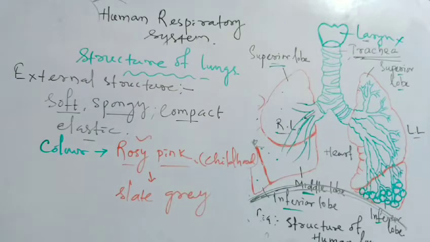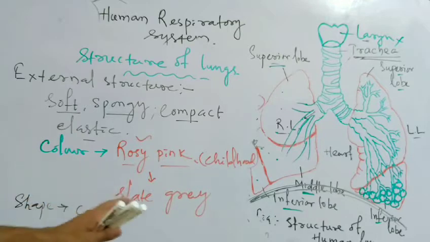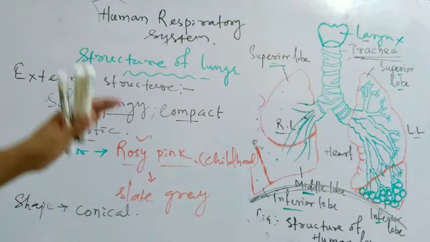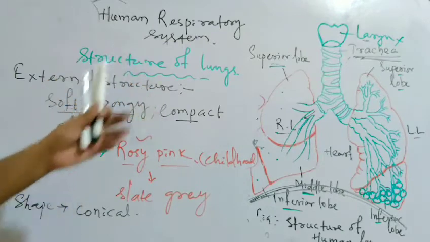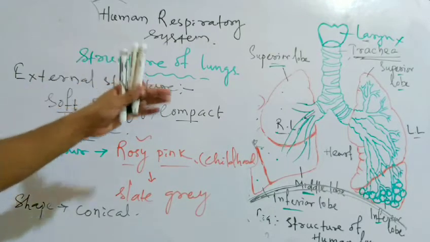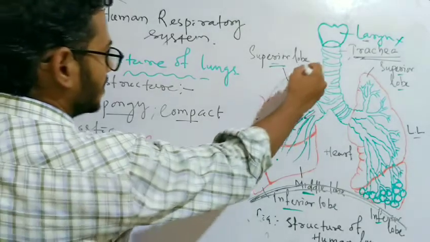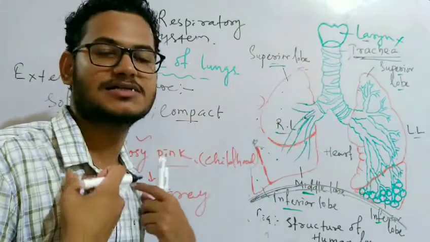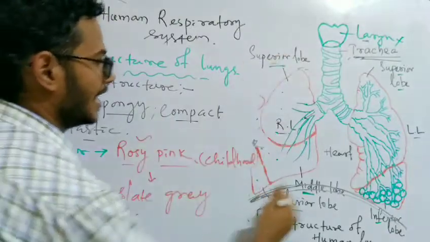Then the shape. The lungs are conical in shape. You can see here also, these are conical. They look like cones, having a base and apex. In the diagram, the conical end is the apex, and the lung extends from the base of the neck up to the diaphragm.